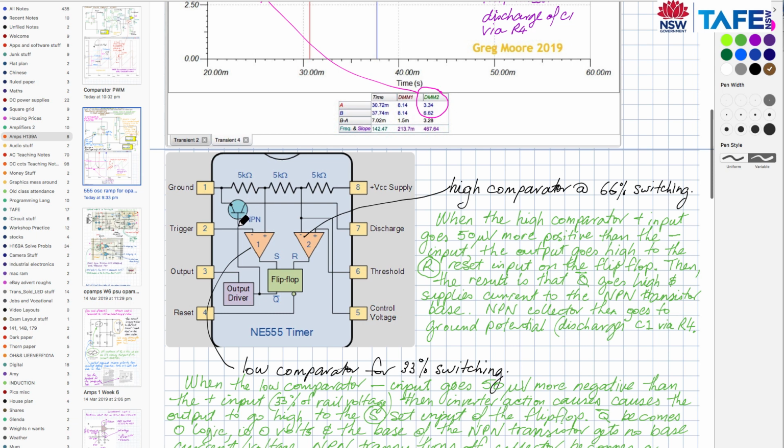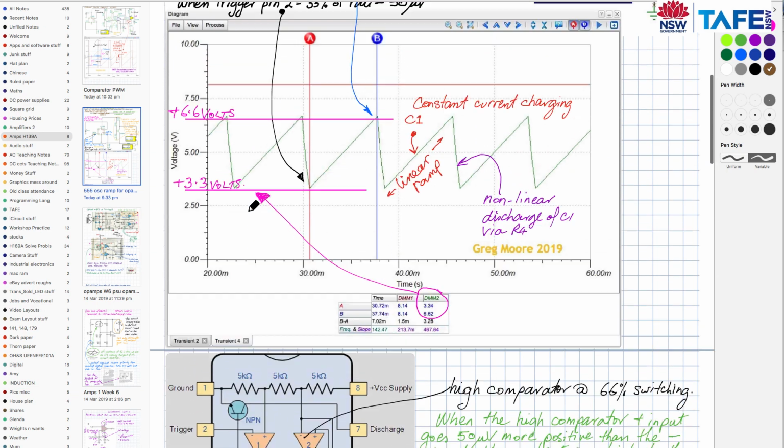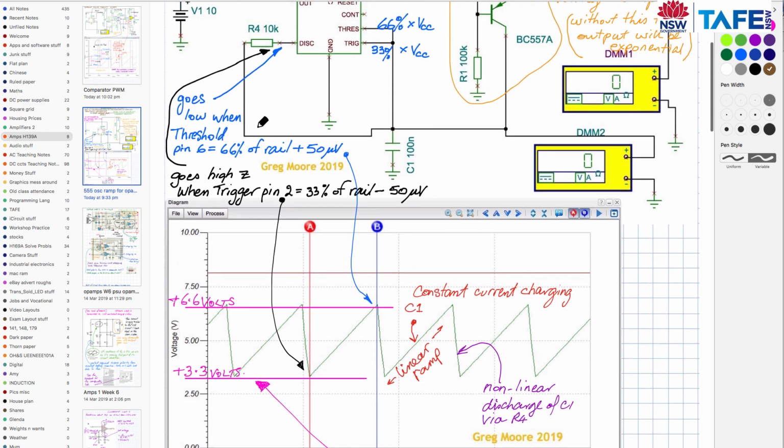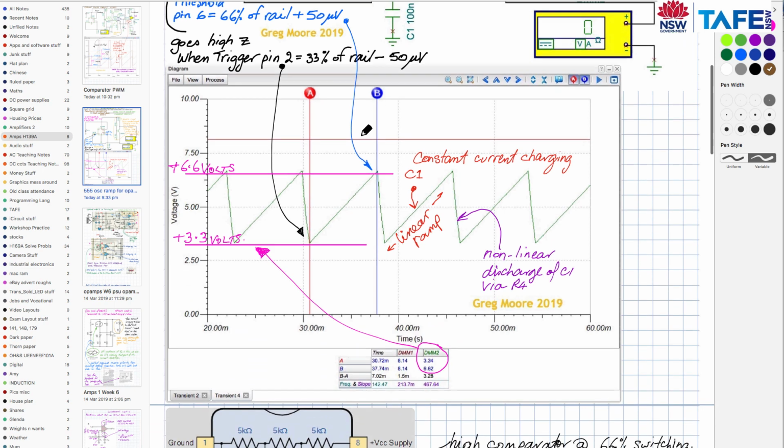And when the NPN transistor base gets current fed to it, the transistor turns on and we get almost a short circuit between the emitter and the collector. So the 10K resistor coming in here, if that transistor turns on, will allow my little capacitor to discharge via that resistor to ground. Something has to happen, though, to trigger that cycle.